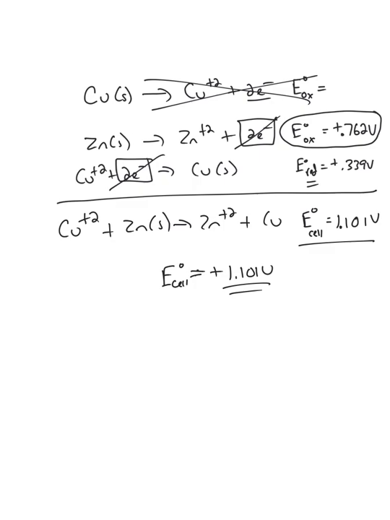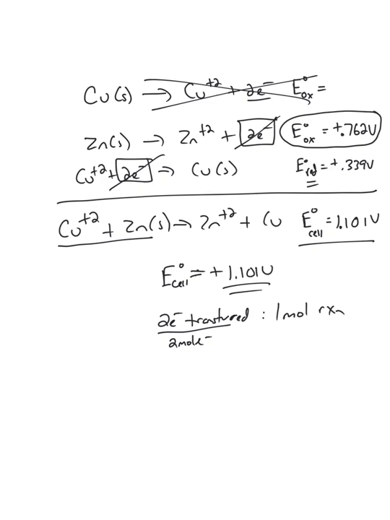A couple other things we notice is that in this balanced equation, 2 electrons are transferred per 1 mole of reaction. Every time 1 mole of this reaction takes place, we are going to transfer, in essence, 2 moles of electrons. All right? And that's something that will be very useful when we get into the equations in the next lecture.